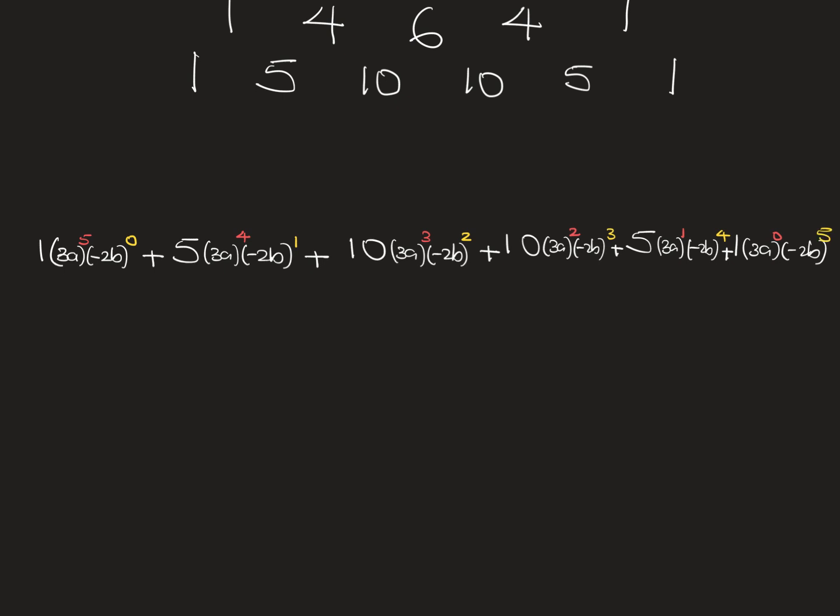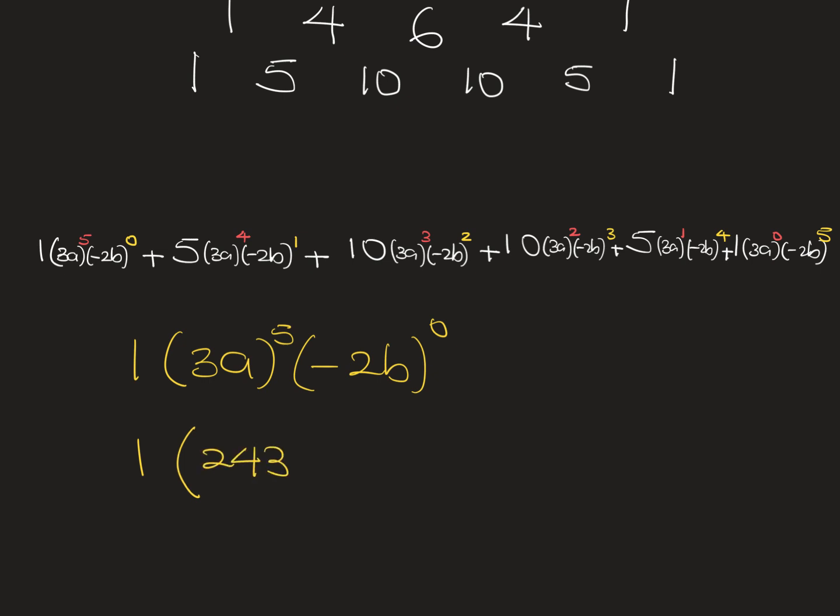Okay, so for this expression, 1 into 3a to the power 5 into minus 2b to the power 0. That is going to be 1 into 3 to the power 5, which is 243. a to the power 5 is a to the power 5.